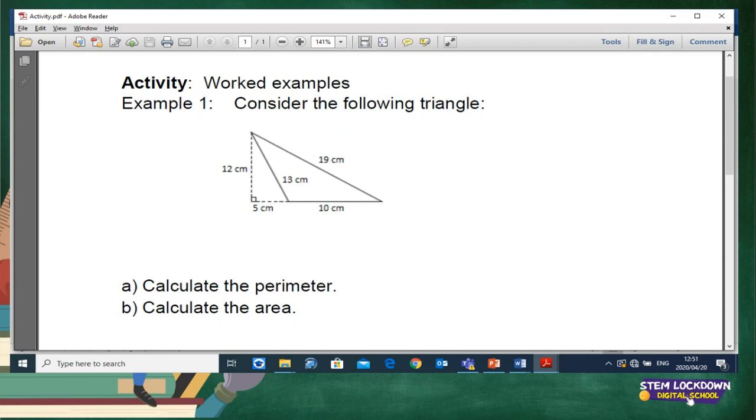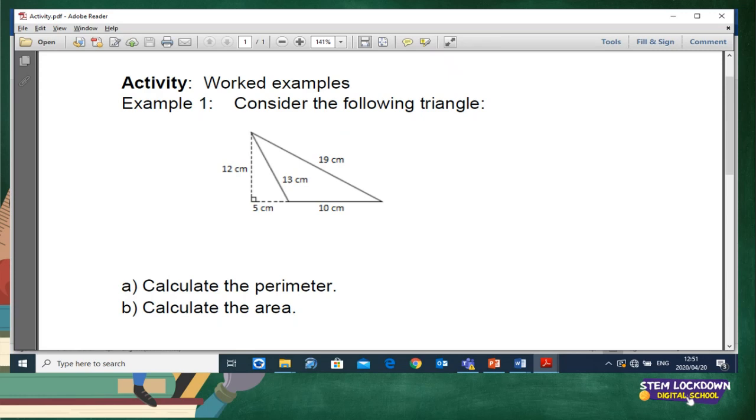And of course, if you multiply 10 by 12, you get 120. And if you divide 120 by 2, you get 60 square meters. This is how you calculate the area of a triangle using the formula that we have just derived not so long ago in our lesson.